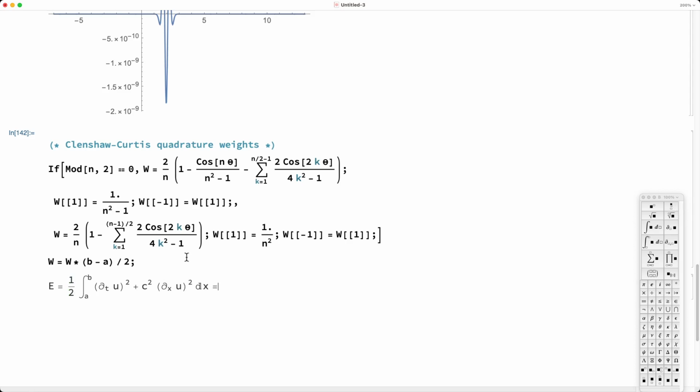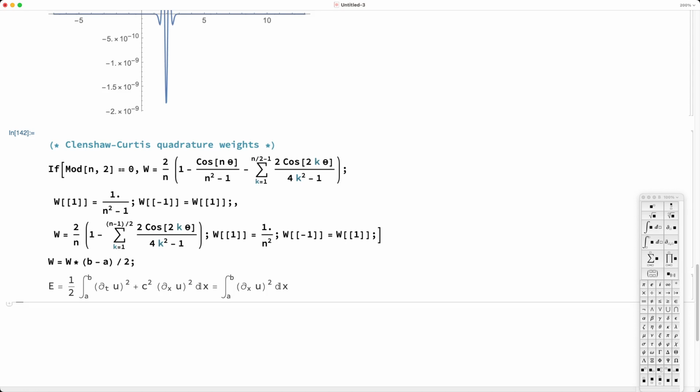But from the advection equation we know that partial t u is equal to partial x u, so these terms are equal if the equation of motion holds, and so instead of having to estimate the time derivative, we're just estimating the spatial derivative, and we're setting c equal to 1, so we just need this.